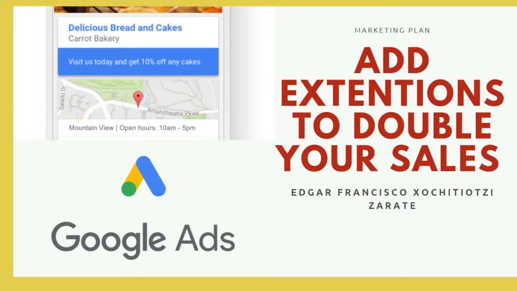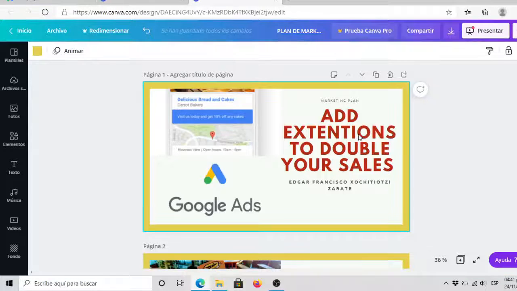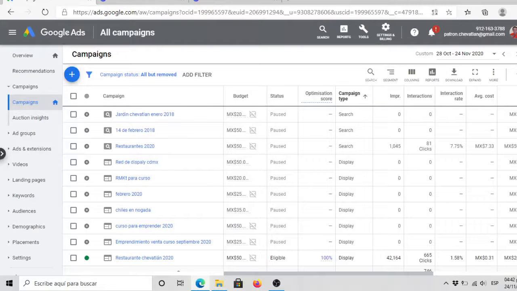Once you have these two things, we can move directly to our favorite dashboard, ads.google.com, and click on the campaign you want to add these extensions to. For example, I want to add the extension to my restaurant campaign in Chevatland 2020.